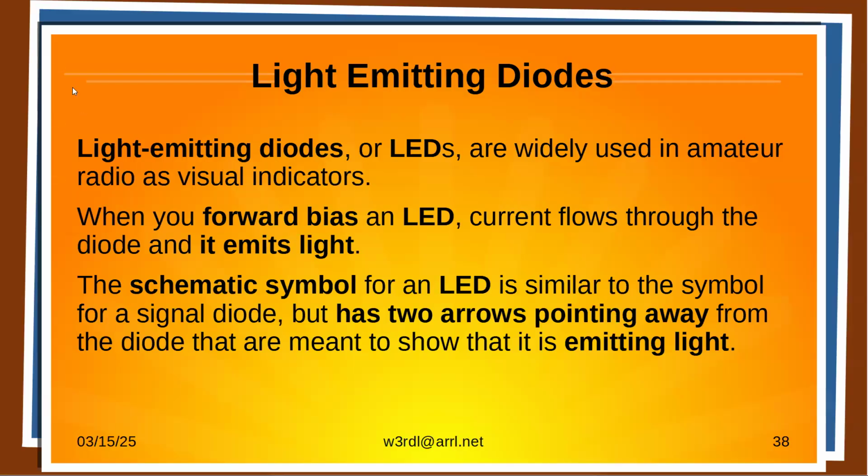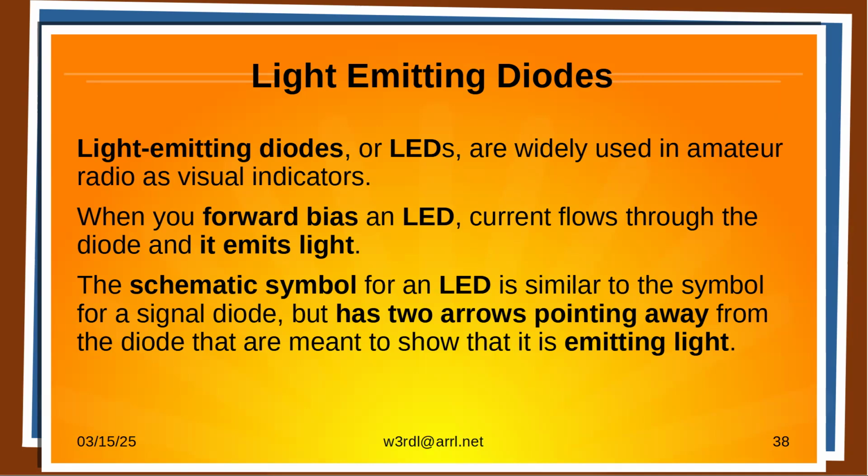Okay, light emitting diodes. Like I said, it turns out all p-n junctions will actually release light, or accept light. So normally when you put a forward bias voltage on the LED that's high enough to overcome the barrier voltage, it will conduct current and it'll emit light.